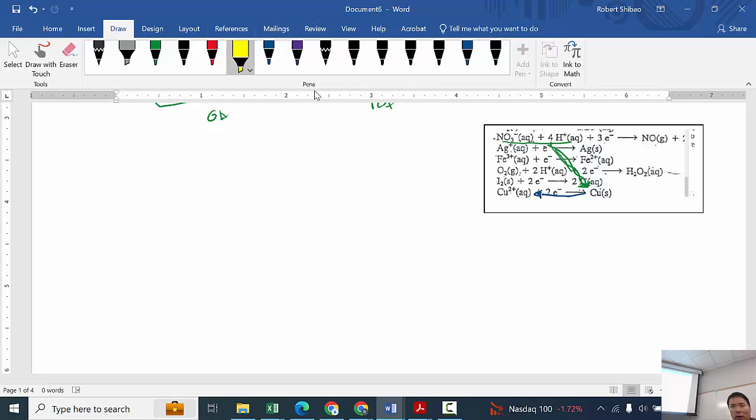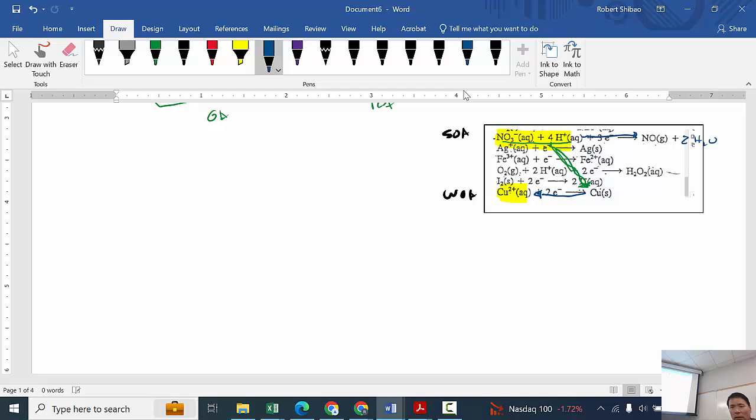So when we compare nitrate and H plus versus copper 2, we're going from a stronger oxidizer to weaker oxidizer. That's the first zag. The second zag is for the reducer. We want to go from a stronger reducer to weaker reducer. And so the second zag is this. Nitrate and H plus is going to form NO and 2 waters.